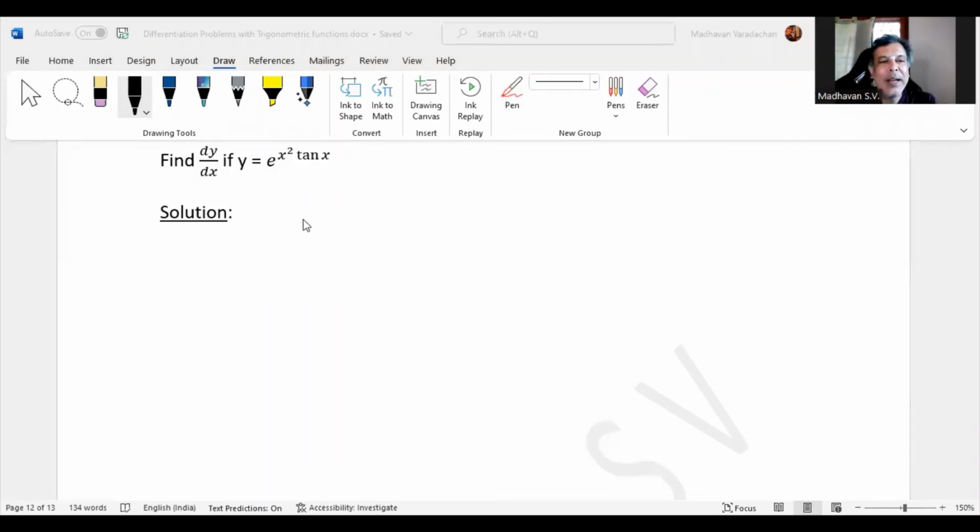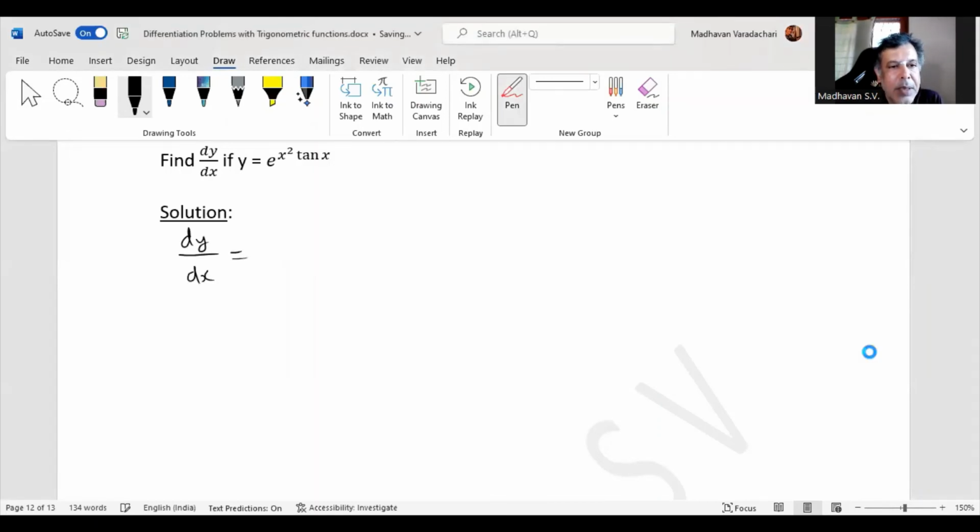Find dy by dx if y is equal to e to the power of x square tan x. So straight away we can find out dy by dx. It will be e power x square tan x. So you will write that as it is first, because a derivative of e power x is e power x. Next step is you go one step inside, that is this x square tan x. We need to differentiate that using uv method.